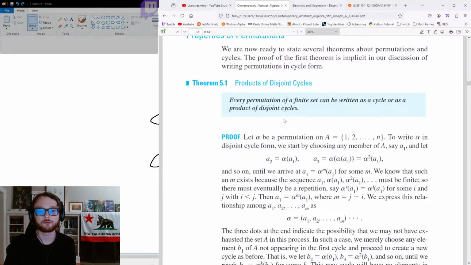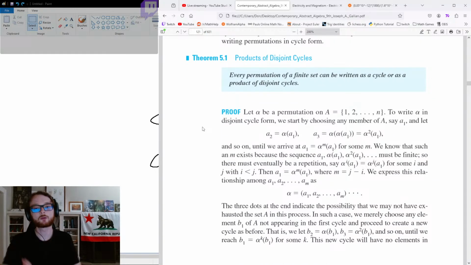Every permutation of a finite set can be written as a cycle or as a product of disjoint cycles. Oh, the playlist looped.